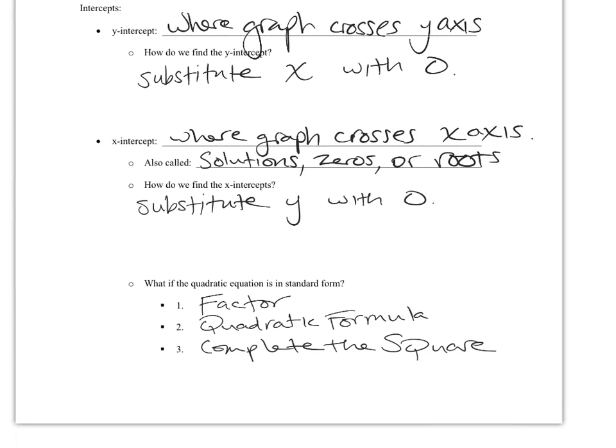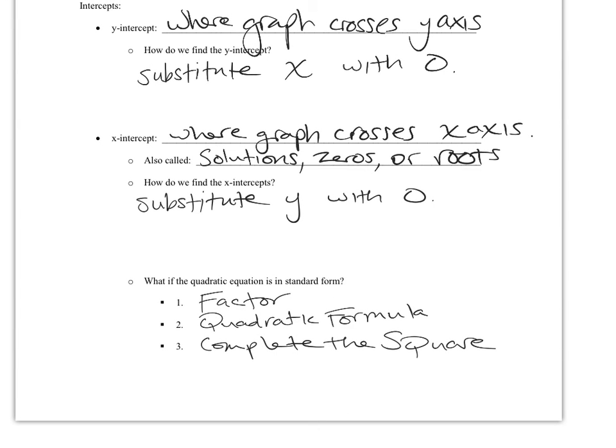Okay, and right here at the end of this introduction, I named the 3 different things you can do if you don't have an equation where you know the transformations of the quadratic and you can use the parent function. This is what if it's in standard form. At that point, we wouldn't know what the transformations are. We wouldn't know what the vertex is. So we couldn't just adjust the parent function.